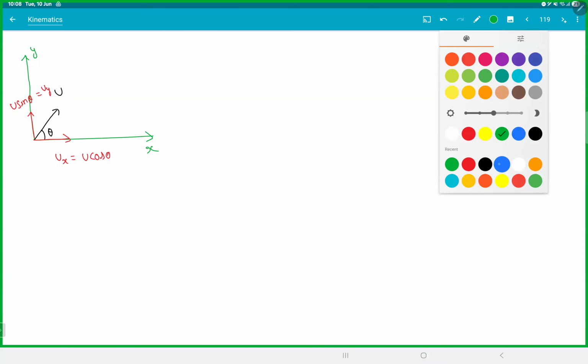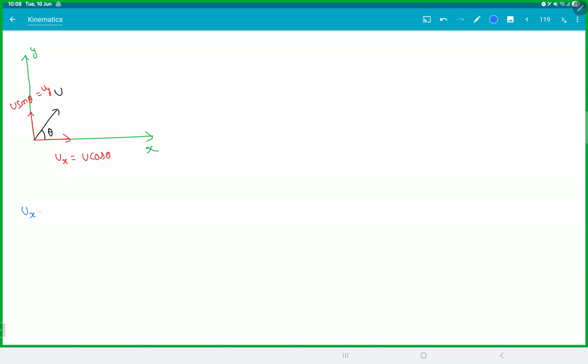So look at the meaning of the subscripts. Ux, velocity in the horizontal direction. Horizontal component of initial velocity. Uy, which is U sin theta.